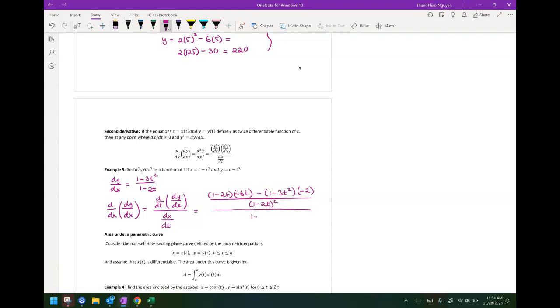Divide by dx/dt. So clean this up. Okay, you can simplify this further to get 2 minus 6t plus 6t squared divided by 1 minus 2t cubed.